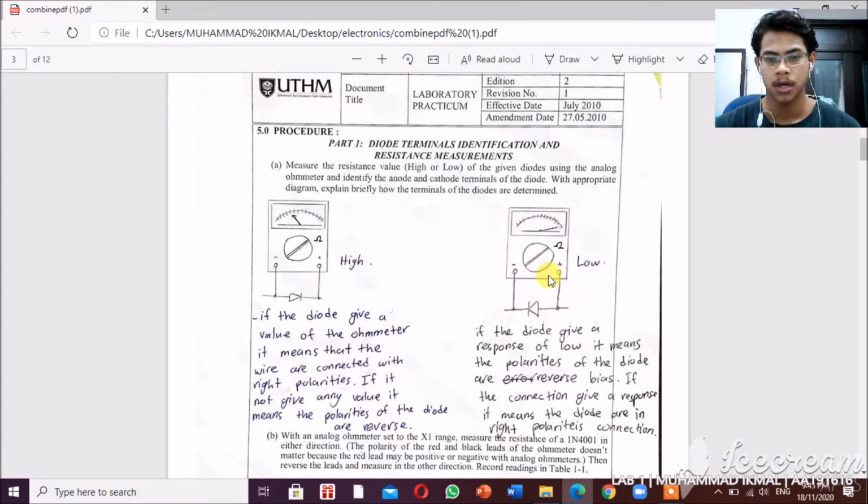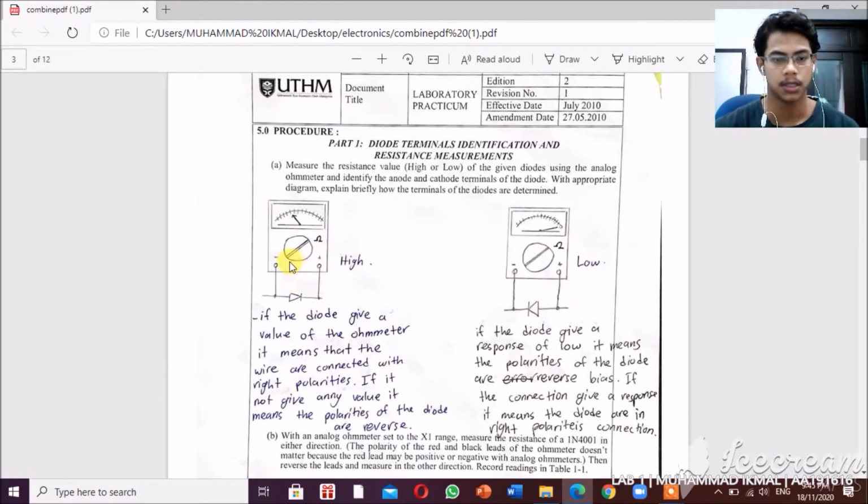If the diode is connected with the right polarities, which is positive from the ohmmeter goes to the anode, and the negative polarity of the ohmmeter goes to the cathode of the diode, the ohmmeter will produce a value of resistance in the diode. So for a silicon diode, you will get 600 plus. So let's go for the reverse bias.